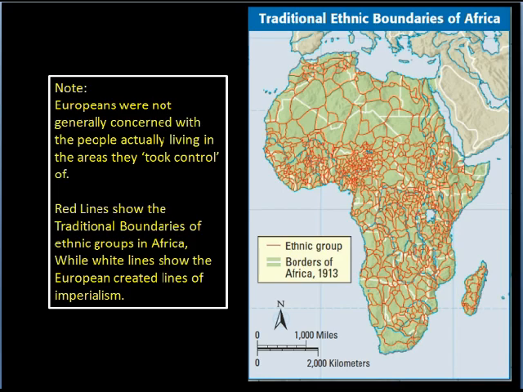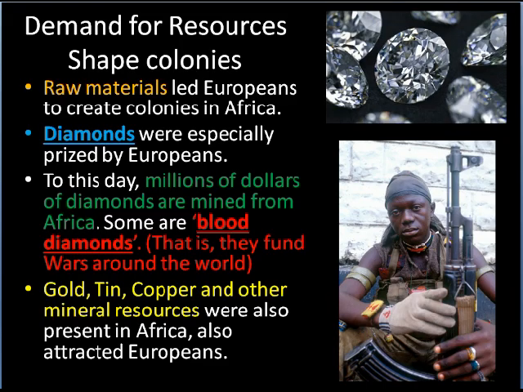Now, what really is driving a lot of the imperialism in Africa? Part of the answer to that is there's a great demand for resources, and this demand for resources is going to shape colonies in Africa. Raw materials led Europeans to create colonies in Africa, obviously.